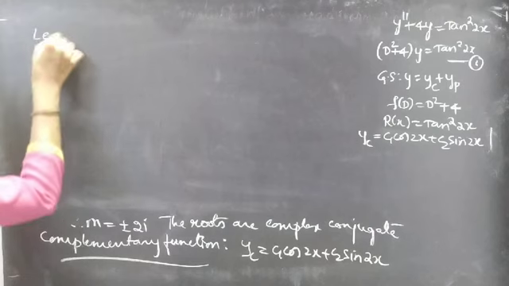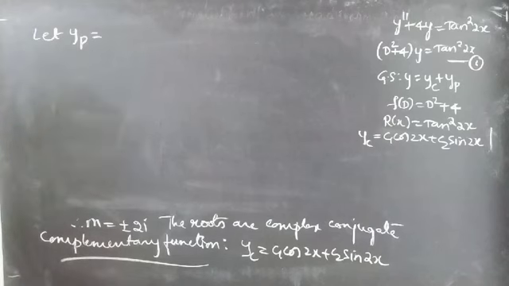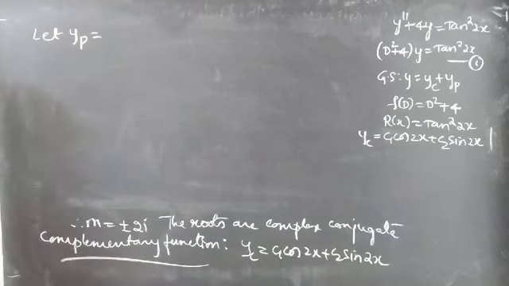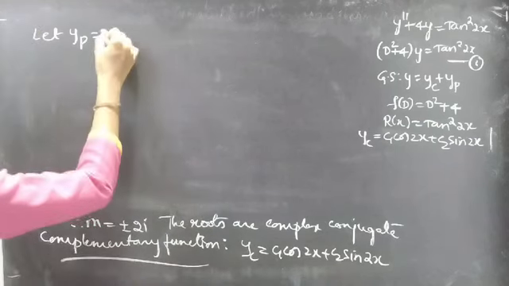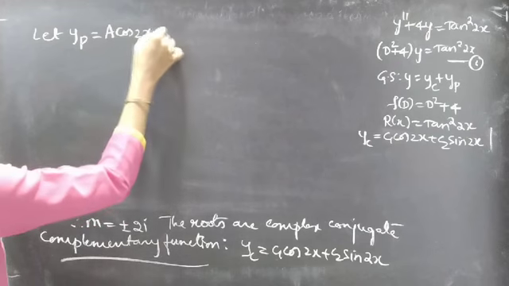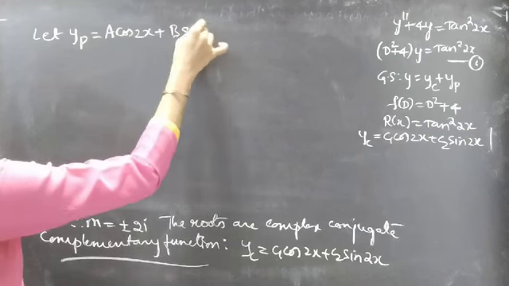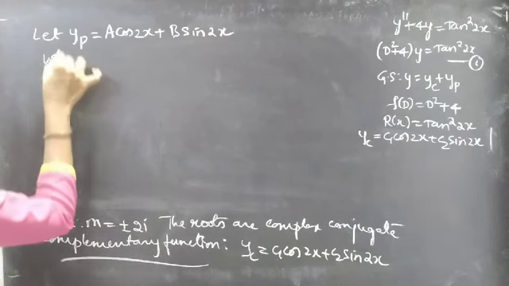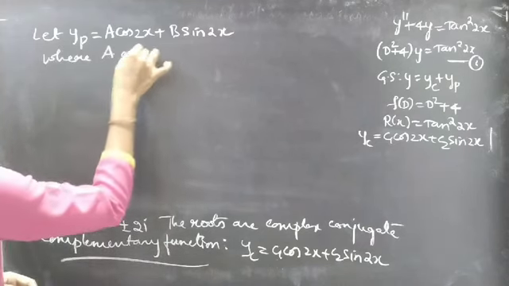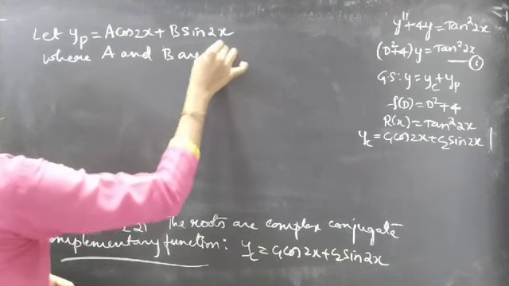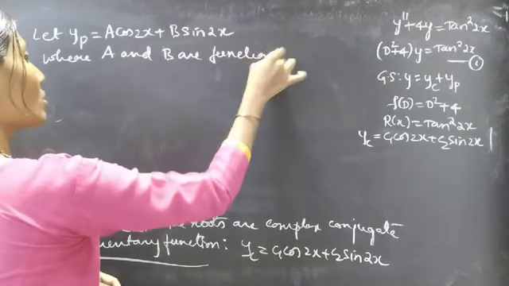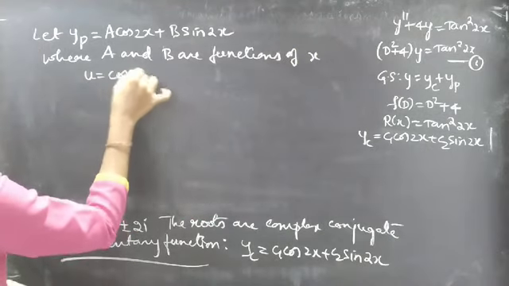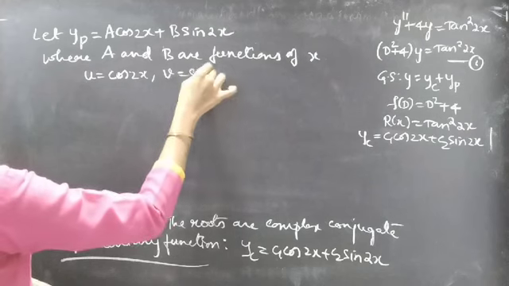Let yp equal to, now replace the arbitrary constants c1, c2 by variables, or functions of x, a and b. We'll get a cos 2x plus b sin 2x, where a and b are functions of x, and u equal to cos 2x, v equal to sin 2x.